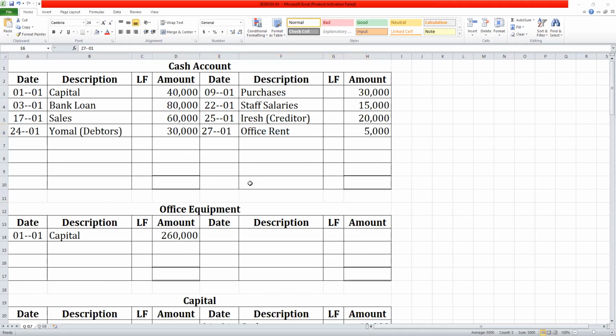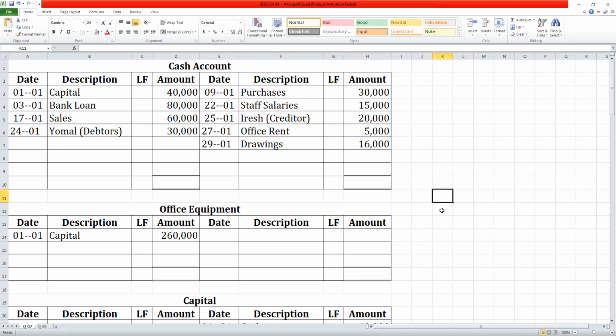The owner, Vihanga, has withdrawn 16,000 for his private use. Again, he has drawn cash. Credit the cash account. 29th of January. The other account is drawings, 16,000.